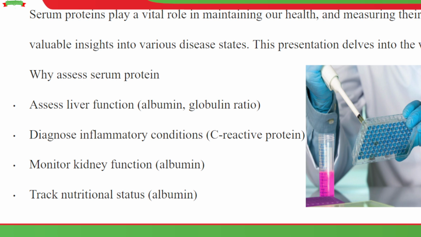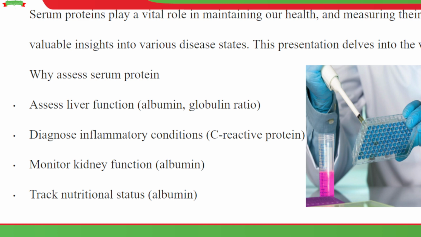That is the C-reactive protein. This is one of the proteins whose levels increase in your body when there's an inflammatory reaction taking place. So when there are high levels of C-reactive protein, that can indicate an inflammatory process taking place in your body. So we get to understand that.